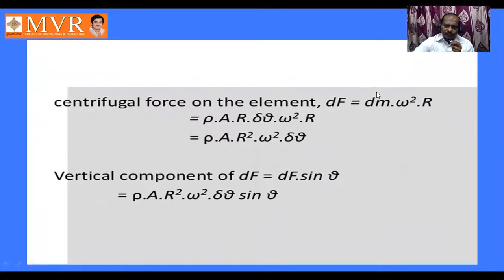If small dm is replaced with rho into A into R into delta theta, into omega square into R, and rewritten, we get rho into A into R square into omega square into delta theta. Next, the vertical component of dF is equal to dF into sine theta. Once again, you can write rho into A into R square omega square delta theta into sine theta.